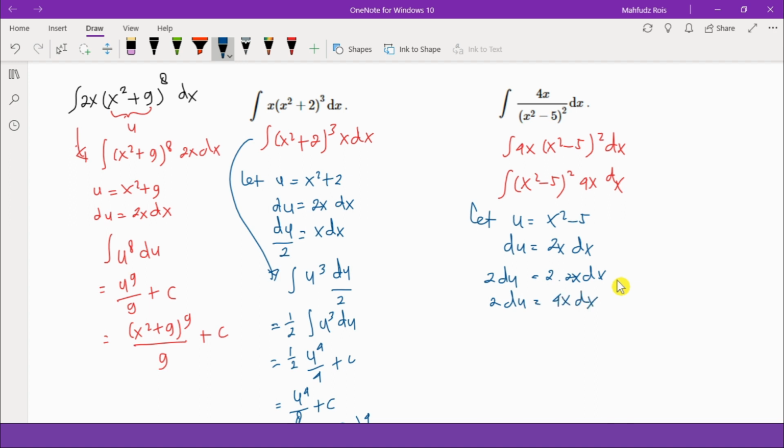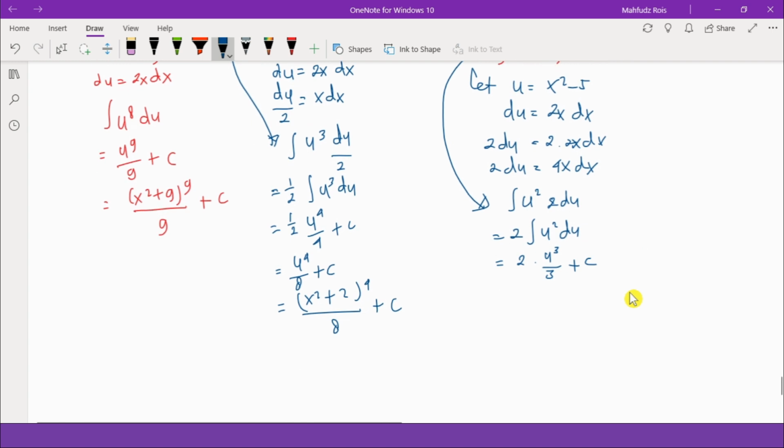Now after that we can calculate here. So it will be the integration of u squared times 4x dx, which equals 2 du, right? Again, 2 is a constant, so we can put it in front of the integration of u squared du. So it will be 2 times u cubed over 3 plus c, right?